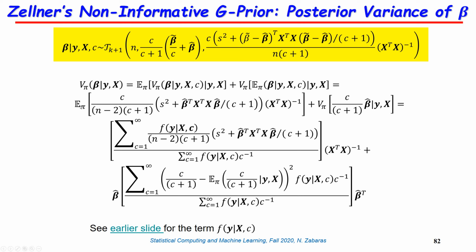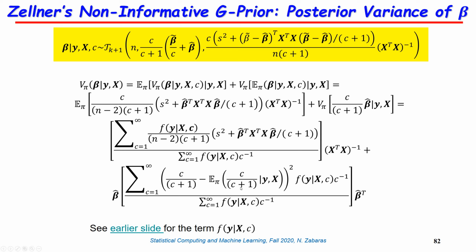We're going to have to calculate the expectation of this with respect to C, and here we're going to have to calculate the variance of this with respect to C. So if I concentrate on this term, you can see here what I have is C over C plus 1 minus the expectation of that, right?